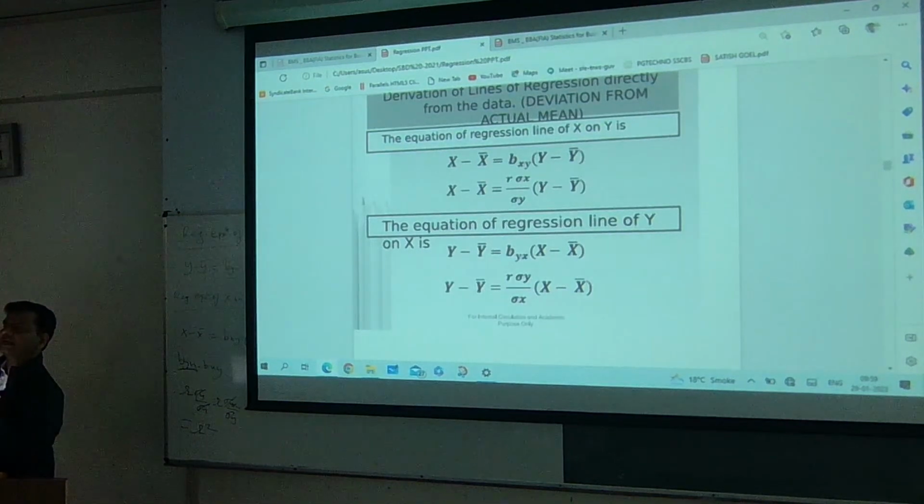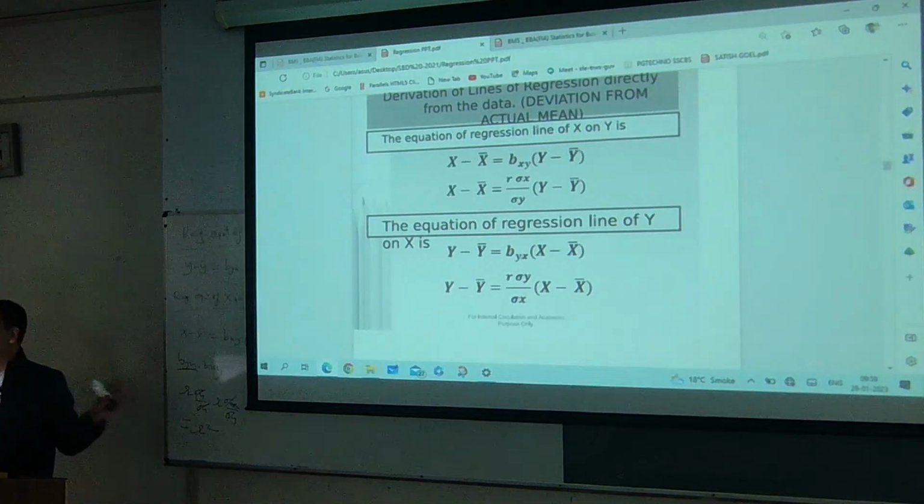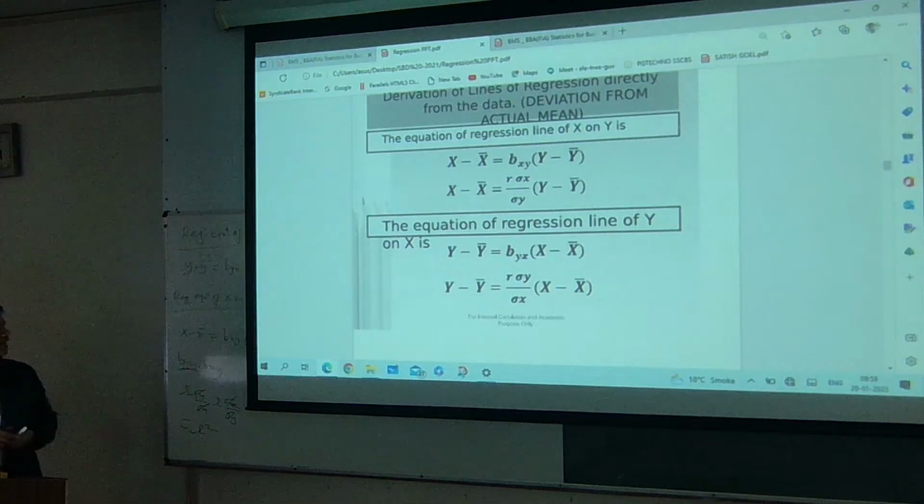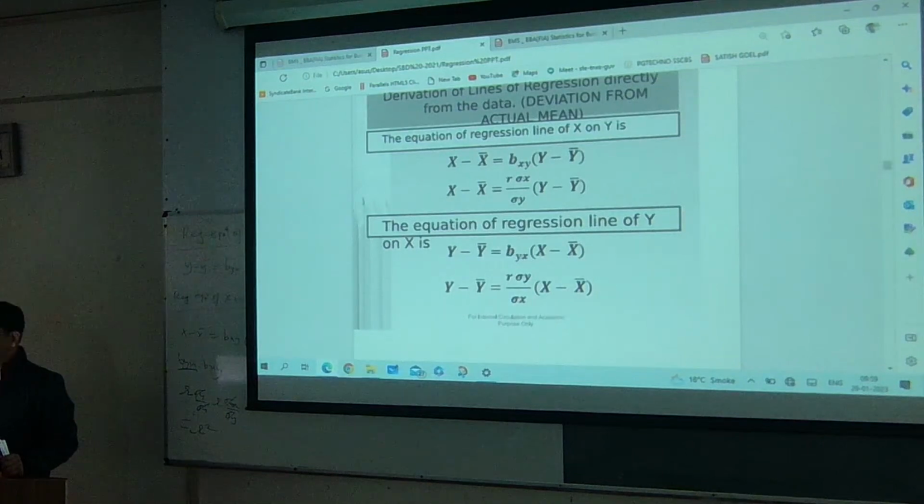Okay, that is, the product of both regression coefficients is equal to the square of the correlation coefficient. So this is a very important relationship, that r square would be equal to the multiplication of bxy and byx. Okay.